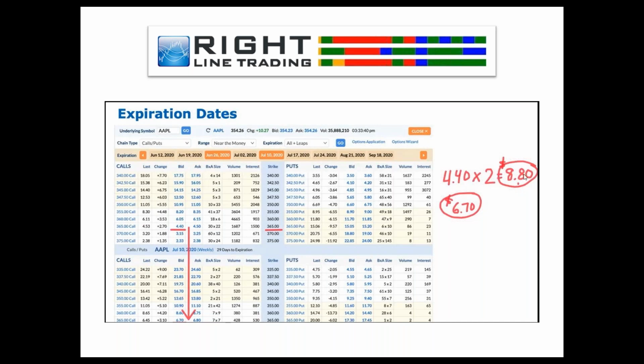And what you're going to get when you sell them is $8.80. If you sell one option at 6.70, you're going to get 6.70. So you're really only paying a little more for leveraging 2 calls that you sell over leveraging 1 call that you sell, and the probability of this becoming a winner is exceedingly higher than your longer dated option.